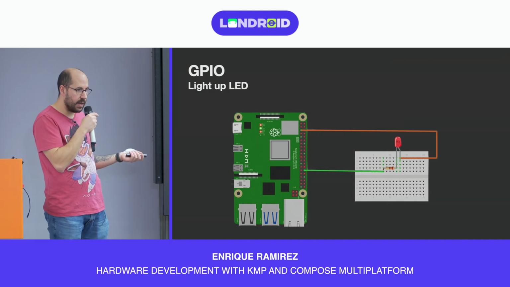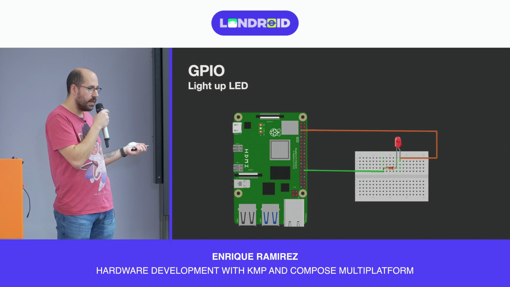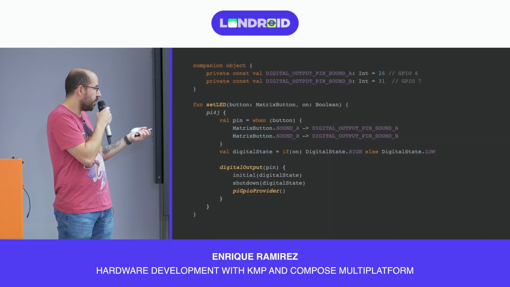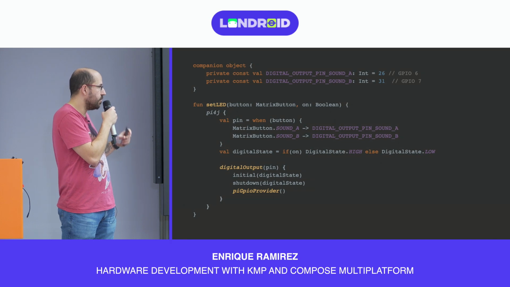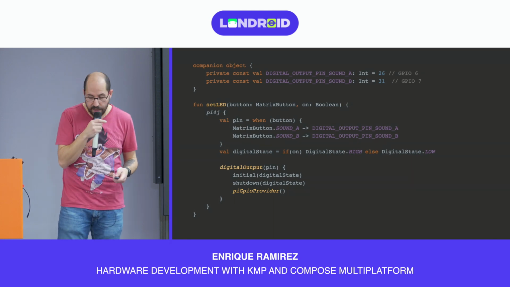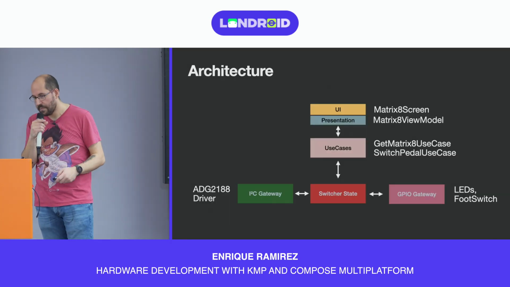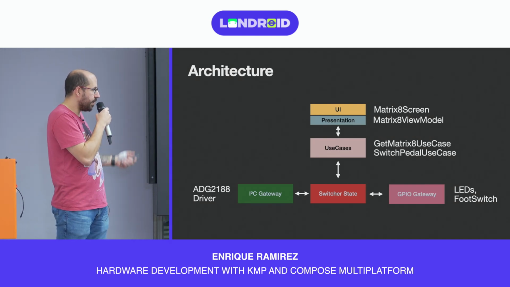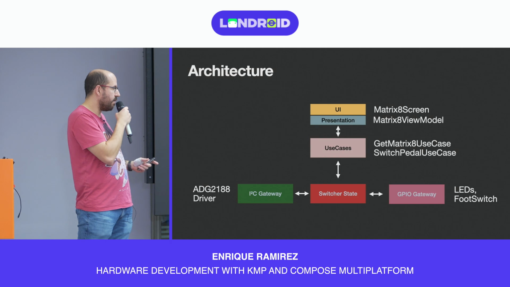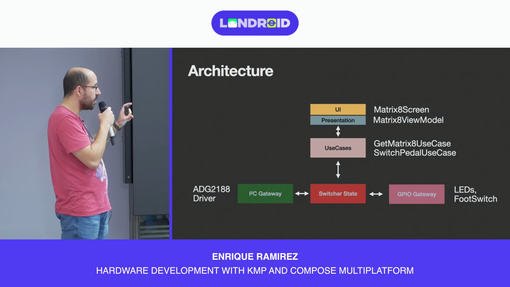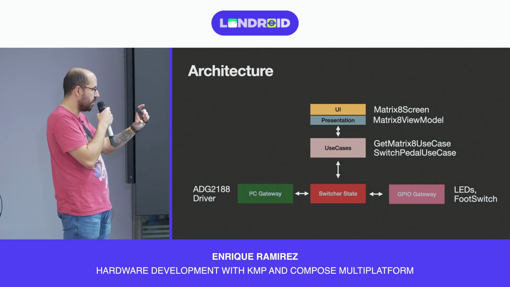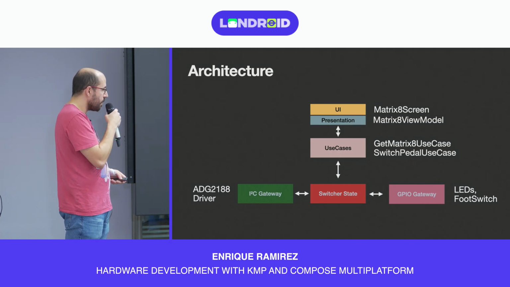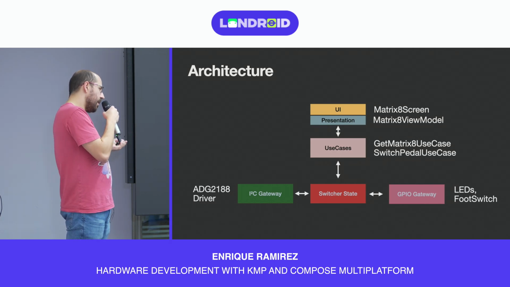You just need to connect a resistor to it, and then to ground, and that's basically it. And then the configuration is even easier. You just need to know which state you want it to be, on or off. And now we have a slightly more complex architecture. But the things we connect are all independent. They just listen to the switcher state, or they set the switcher state.